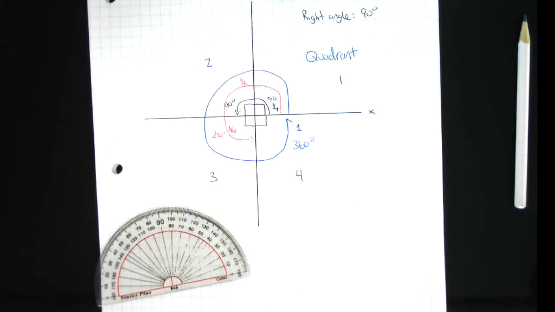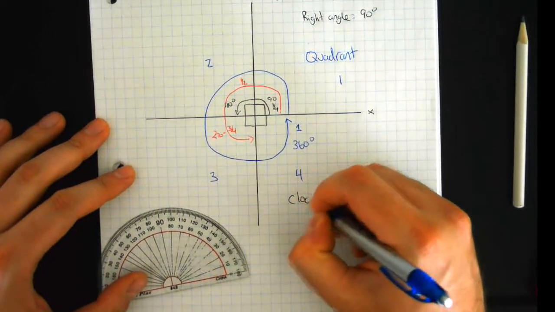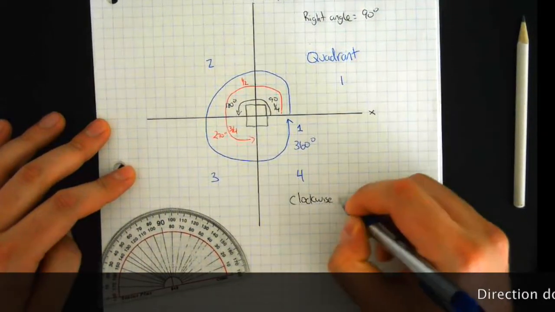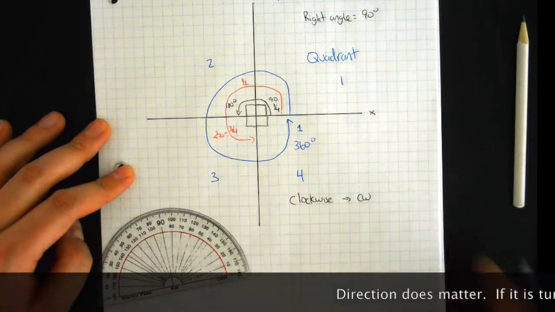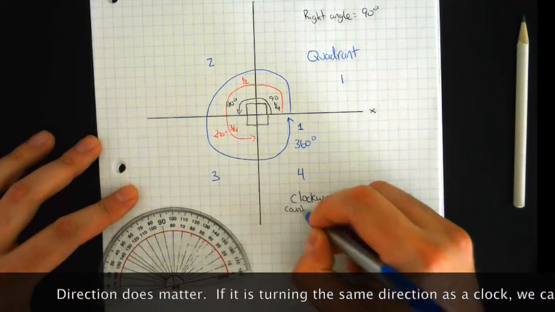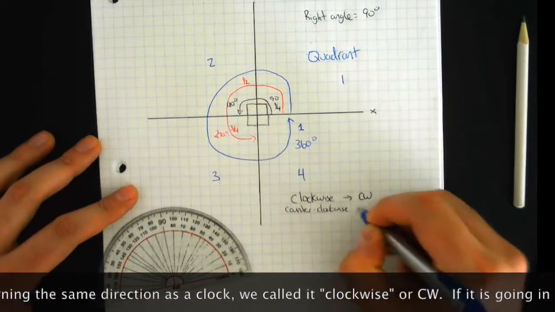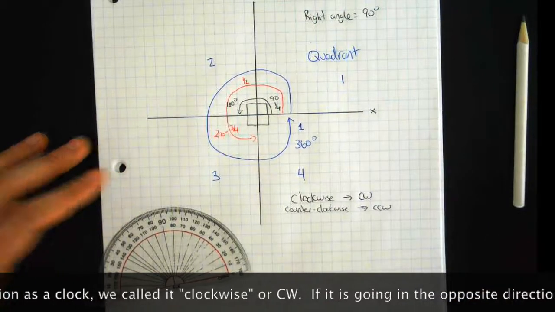Will? Yeah, so we have clockwise, which we will abbreviate to CW, and counterclockwise. And counterclockwise would be CCW.